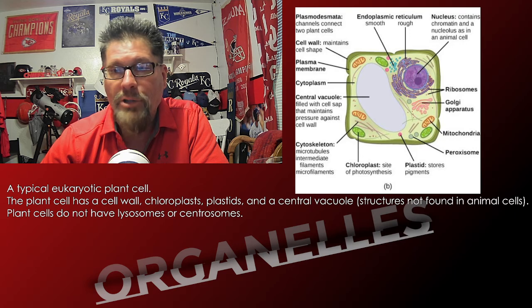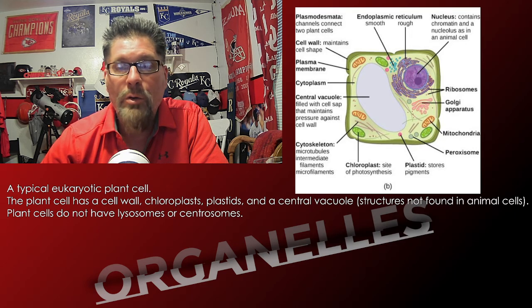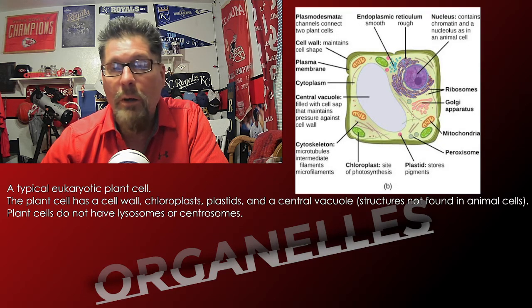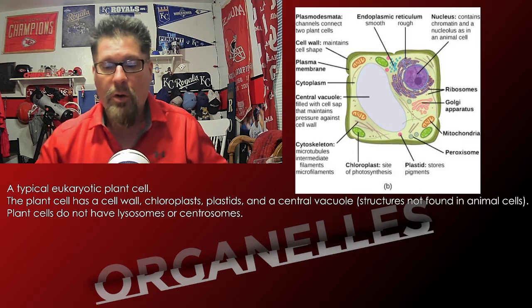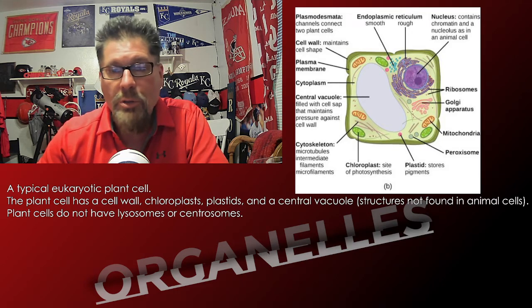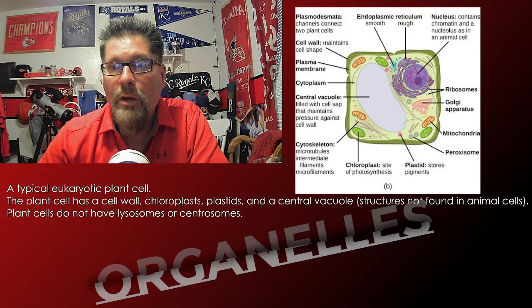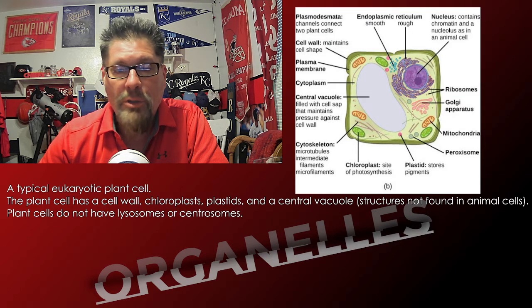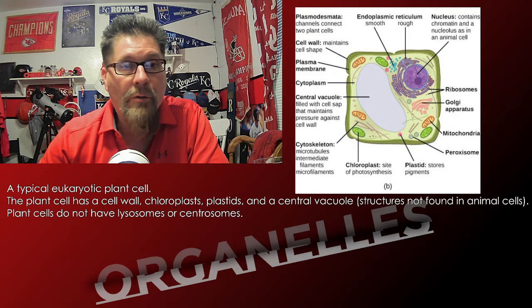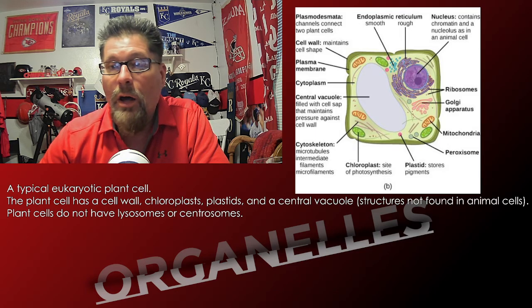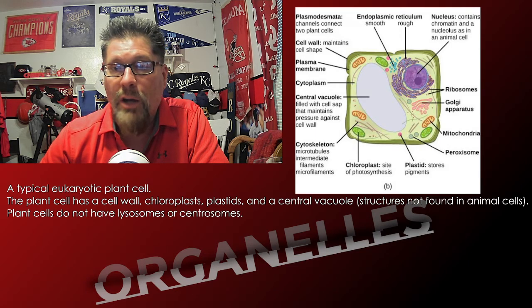And a plant cell uses that vacuole to help it stand up. If you think about a blade of grass, it doesn't have any skeleton of any kind, but when that central vacuole is full of water and it presses up against the cell wall, you get that turgor pressure, and it creates a pretty rigid cell. And if you stack a bunch of rigid cells, much like you would stack your vertebrae on top of each other, that would enable the plant to stand up.